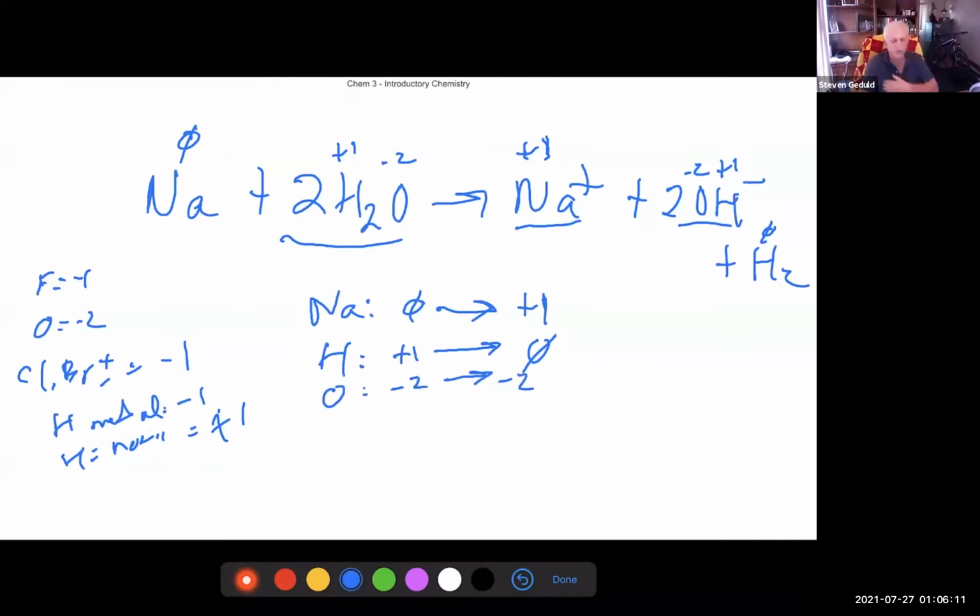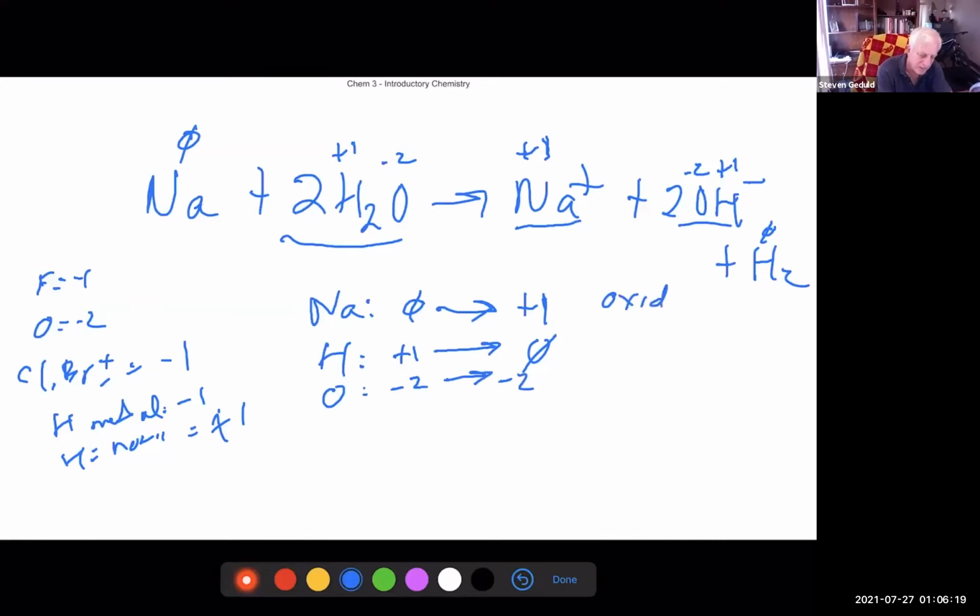It didn't change. So there are our changes. Sodium increased from 0 to +1, so sodium has been oxidized. Hydrogen went from +1 to 0. It decreased. It's been reduced. That's what these numbers tell us. Oxidation numbers tell us what's been oxidized and what's been reduced. Oxidation is an increase in oxidation numbers. Reduction is a decrease in oxidation numbers.